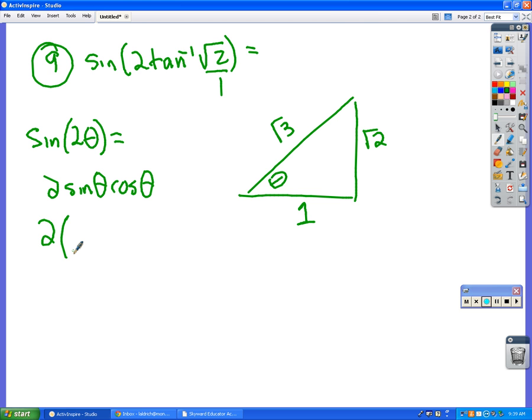So the sine of the angle is opposite over hypotenuse, root 2 over root 3. And the cosine of the angle is adjacent over hypotenuse. So that would be 2 root 2 over 3 as advertised. That's it. Why did we have to do that? Was it because there was a 2 along with it? That's because of our 2, yeah. If that 2 wasn't there, then we would have just done it the normal way.